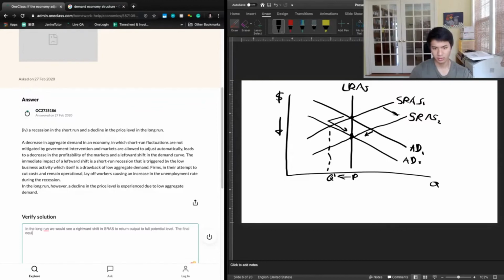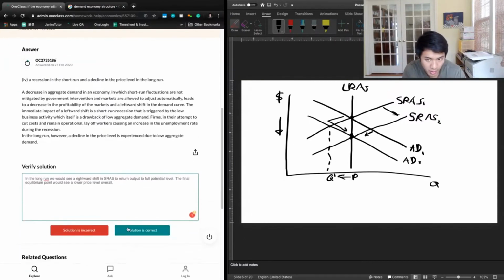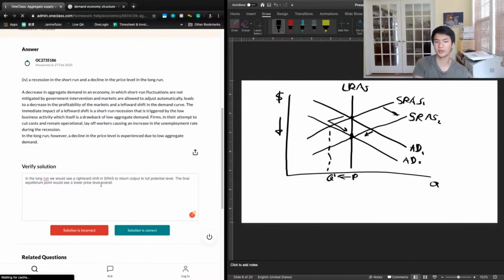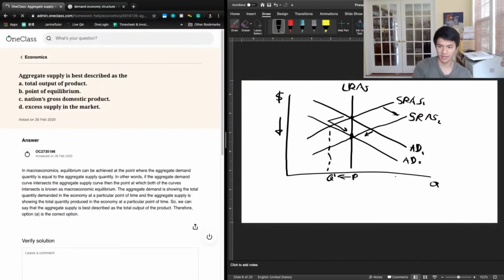The final equilibrium point would see a lower price level overall. So this is going to be the correct solution. We just clarified that kind of mechanism that we talked about in this graph.